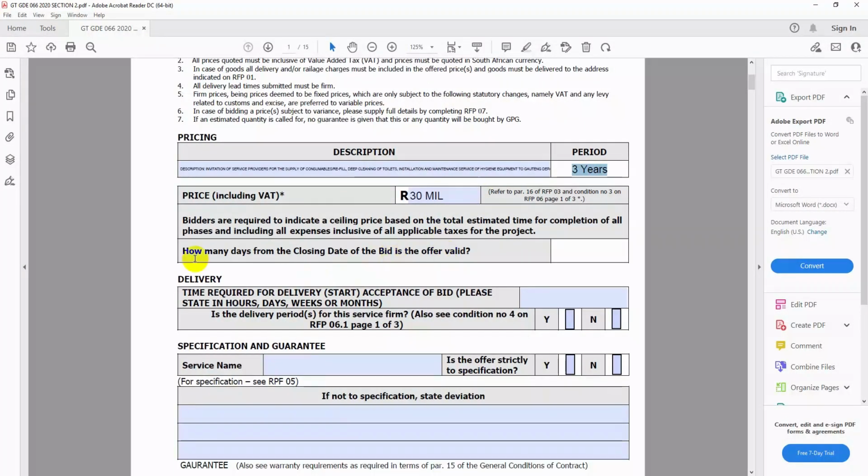And then here they're asking how many days from the closing date of the bid the offer is valid for. They gave you that in the other page, they said it's 120 days, so you will put 120 here. Then the time required for delivery, start and acceptance, and is the delivery period for this service fixed? Obviously for this one it will be fixed, because you have to deliver.